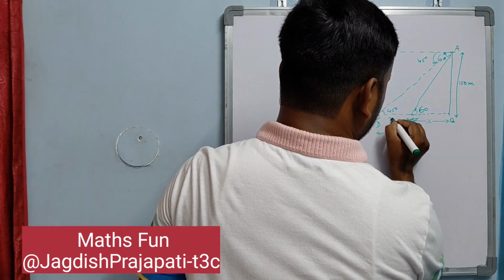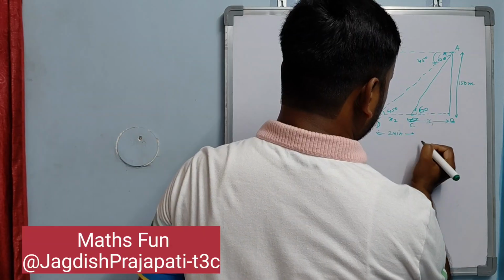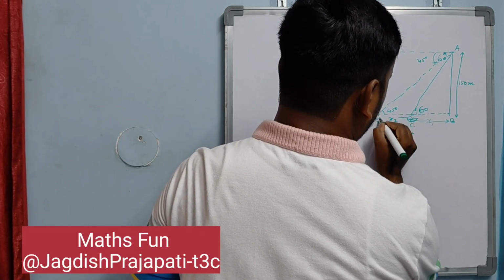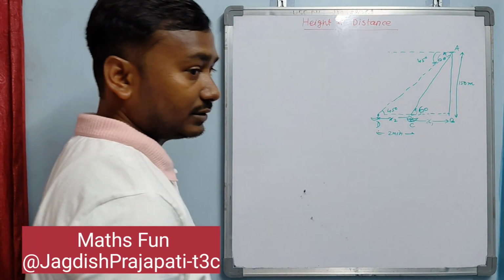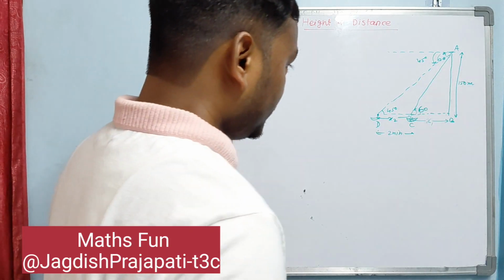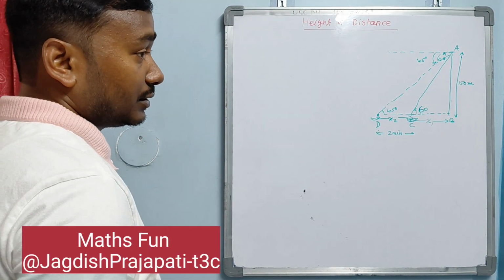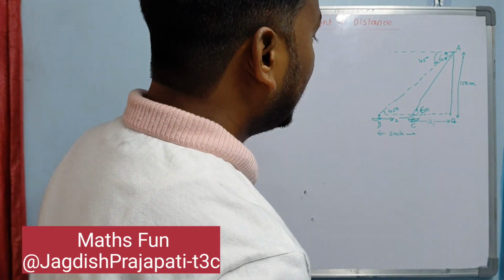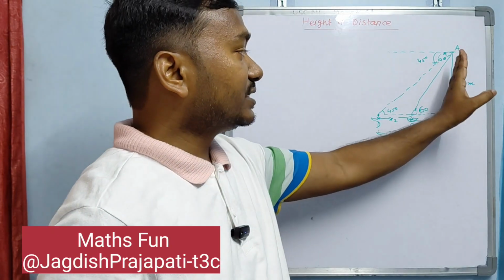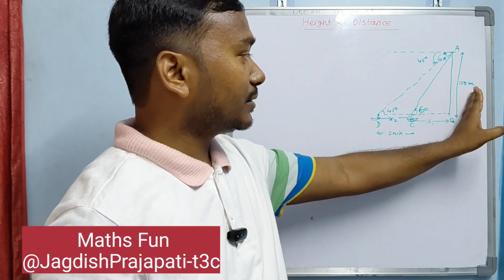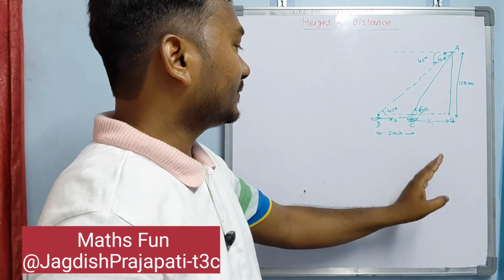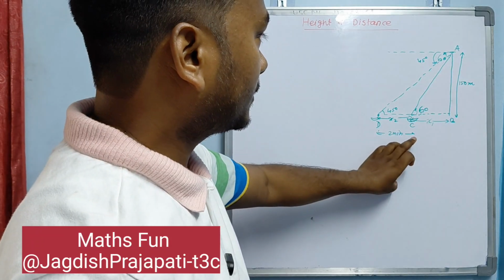Let's say this is x1 and this is x2. So please write down: let AB be the cliff which is 150-meter high.